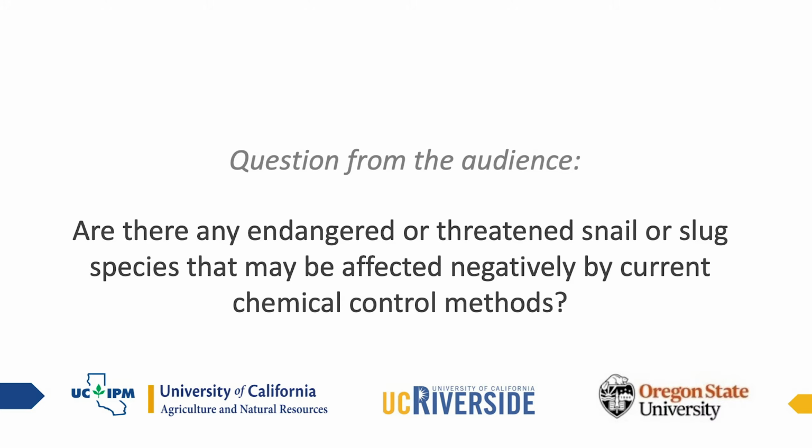Methiocarb is also used for thrips in the ornamental industry. Any snail or slug that eats those baits will be negatively impacted and likely killed. So when people are using decollate snails for their snail management, you don't want to use that at the same time that you're using baits, because they will also be killed.